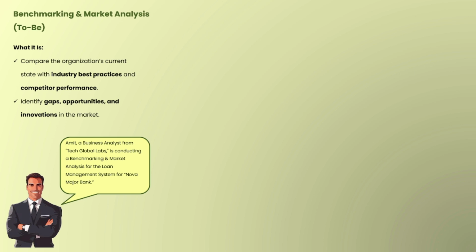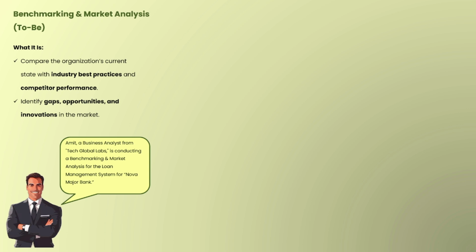As an app developer, as a business, we should learn how they are implementing all these things and how they are performing better in this particular industry. So in this way we can analyze best practices and competitor performance. It identifies gaps, opportunities and innovation in the market.